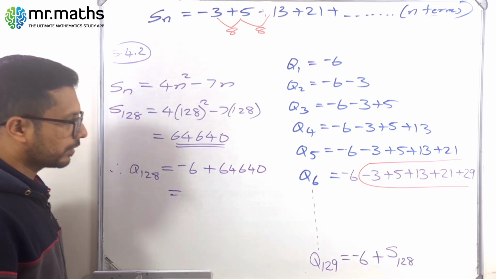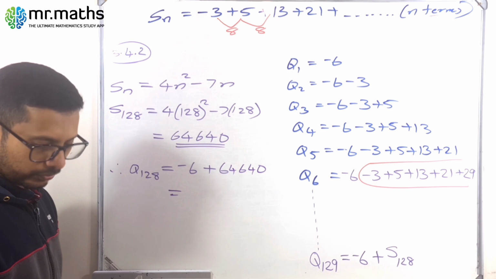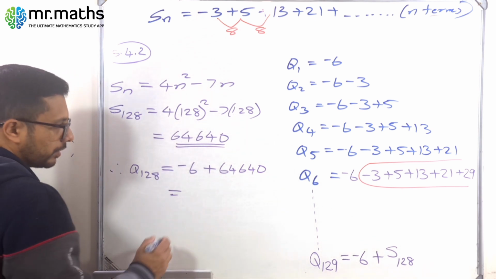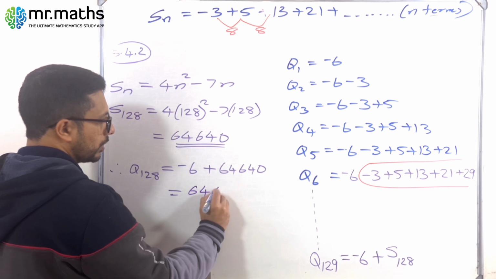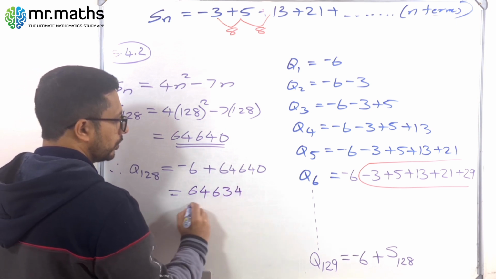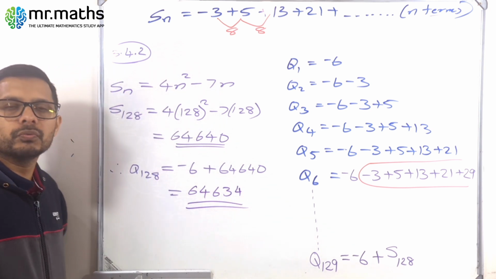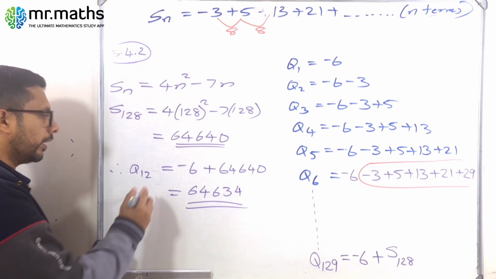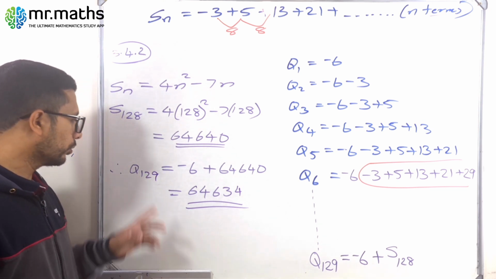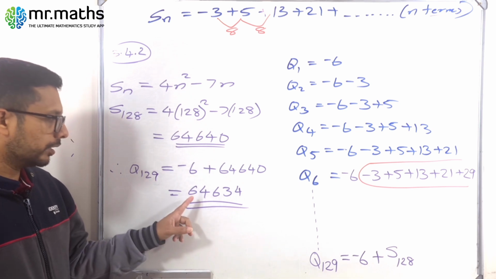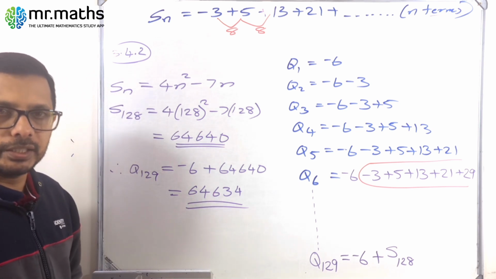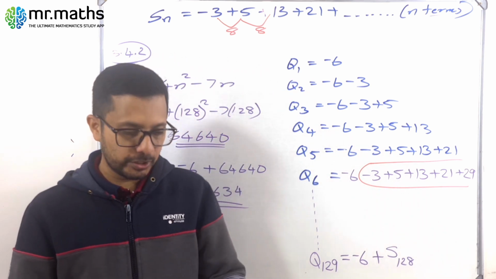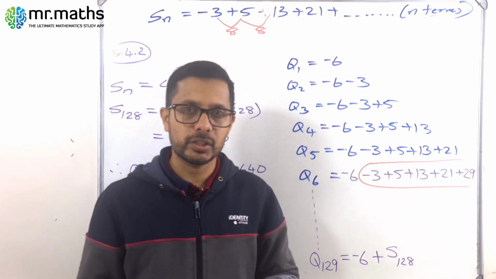So it is 64,634. So Q129 is 64,634. So guys, that's the end of the November 2015 sequence and series questions.